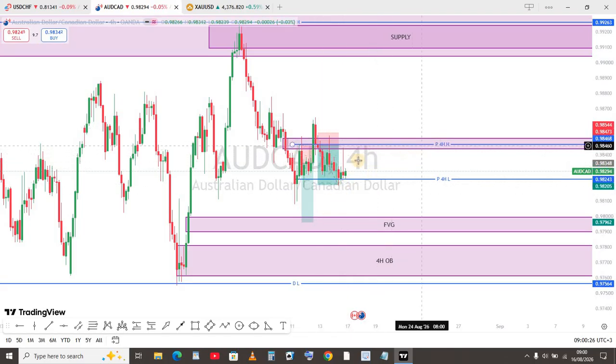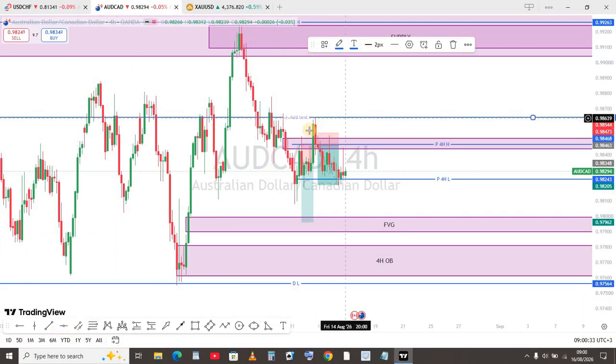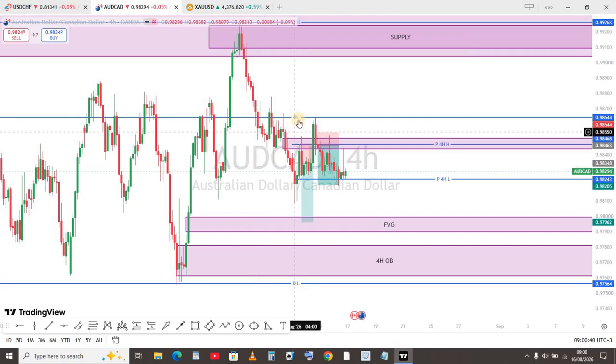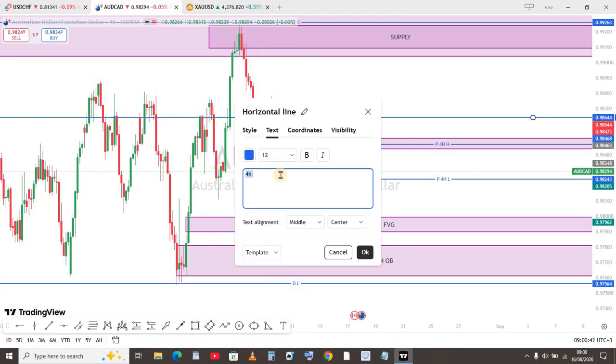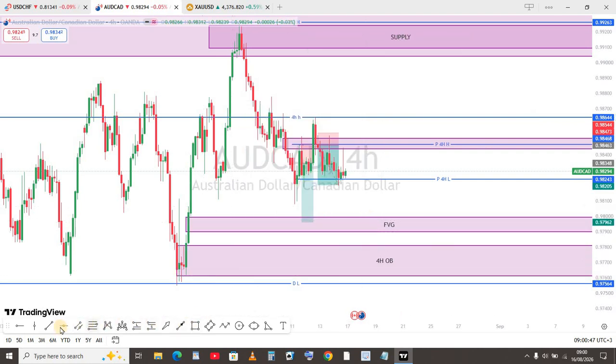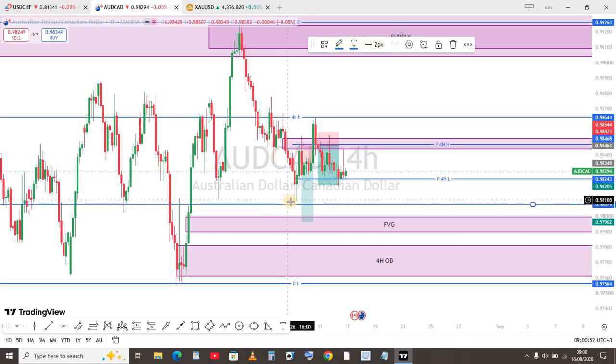So let me name it: 4 hour high, 4 hour high, and also a 4 hour low. So this is the lowest 4 hour low and the highest 4 hour high.